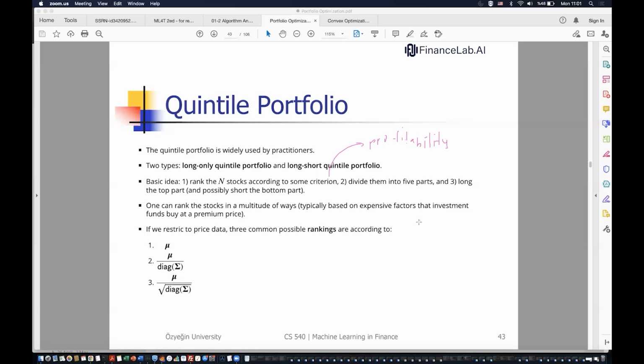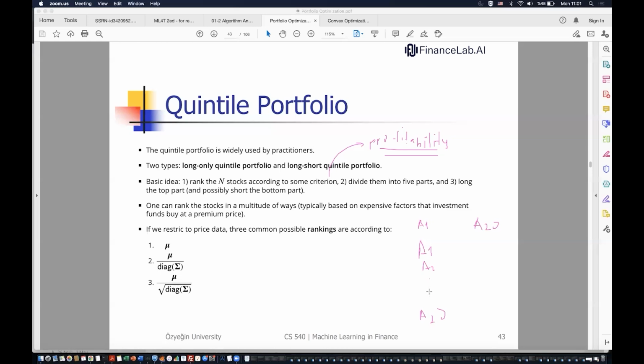So for instance, if we have 20 assets, let's say A1 up to A20, we basically rank them according to the profitability criteria. Again, the profitability here is just an example. So A1 is first, assume that they are sorted, A2 becomes the second, and up to A20.